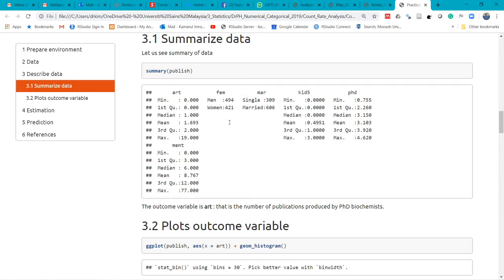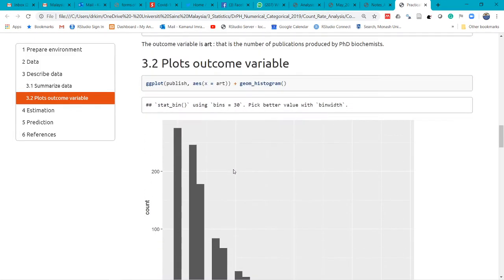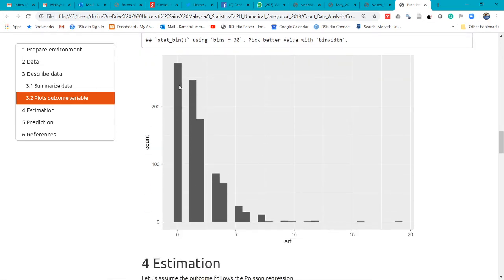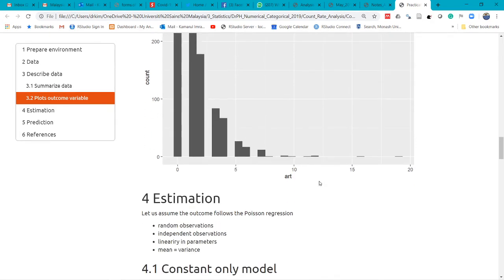Okay, so if you look here, I use ggplot and plot a histogram, so you can see this is skewed to the right, which is typical of count distribution.